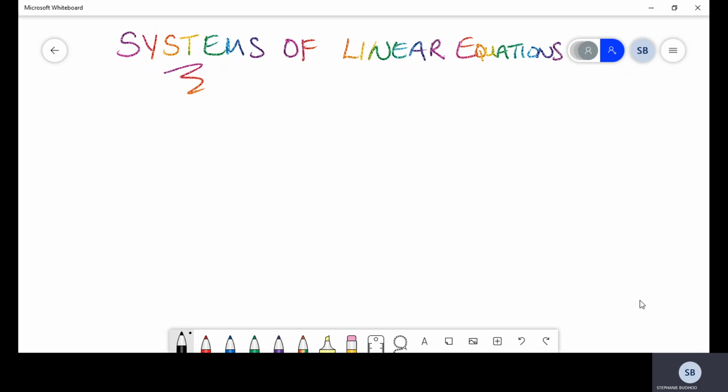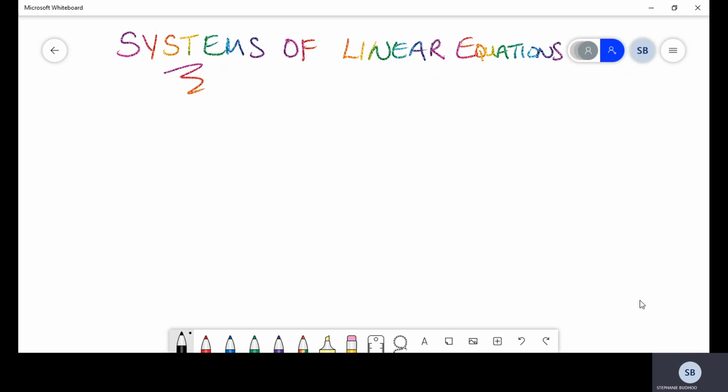So first of all, when you're solving matrices, you will encounter a series of situations, because matrices essentially deal with a lot of equations.